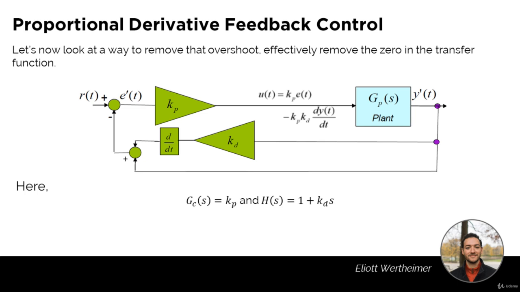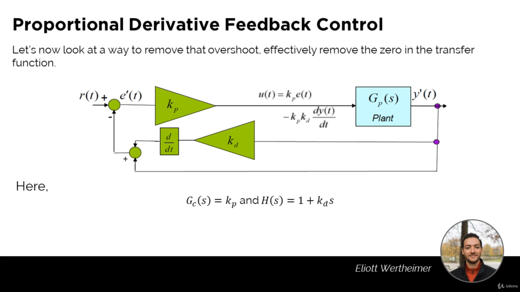So as usual, we have our proportional gain in the controller, which is Kp. We pass the whole error through that proportional gain to eventually get a control signal u(t) equals Kp e(t), which you will all recognize as the proportional part of the control signal, minus Kp Kd multiplied by the differential with respect to time of y(t).